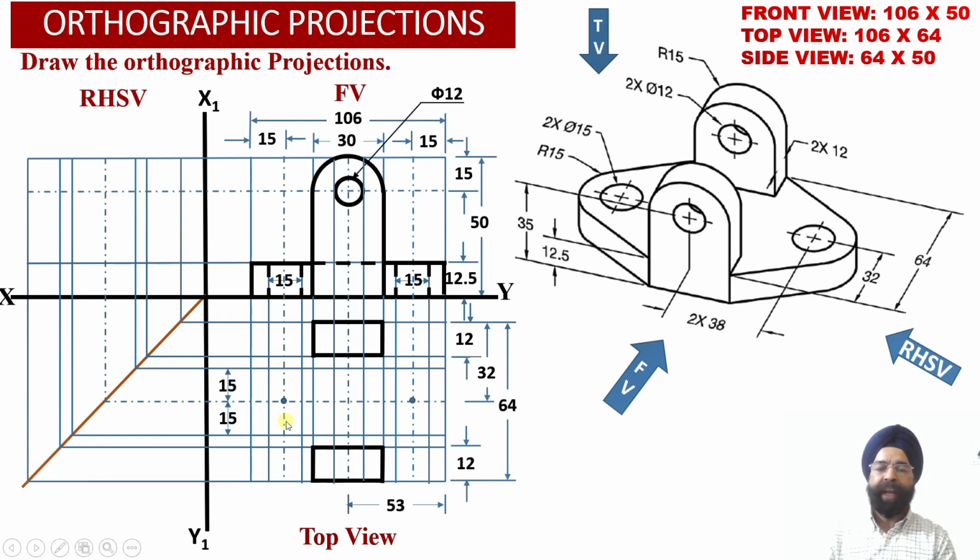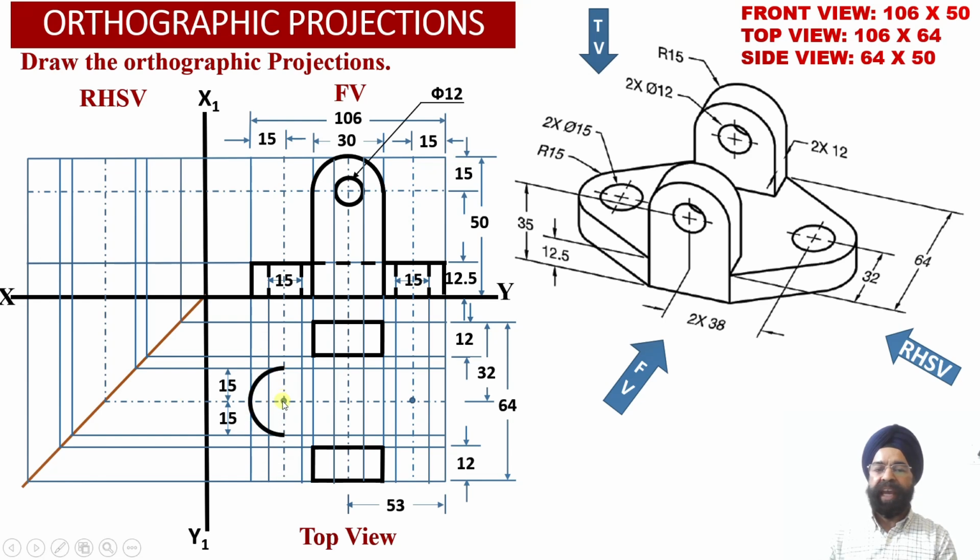Now the 3 points corresponding to the arc having radius 15 millimeter have been obtained. Point number 1 at a distance of 15 millimeter from the center point. Point number 2 at a distance of 15 millimeter from the center point, and this distance is also 15 millimeter. So we have marked this out.